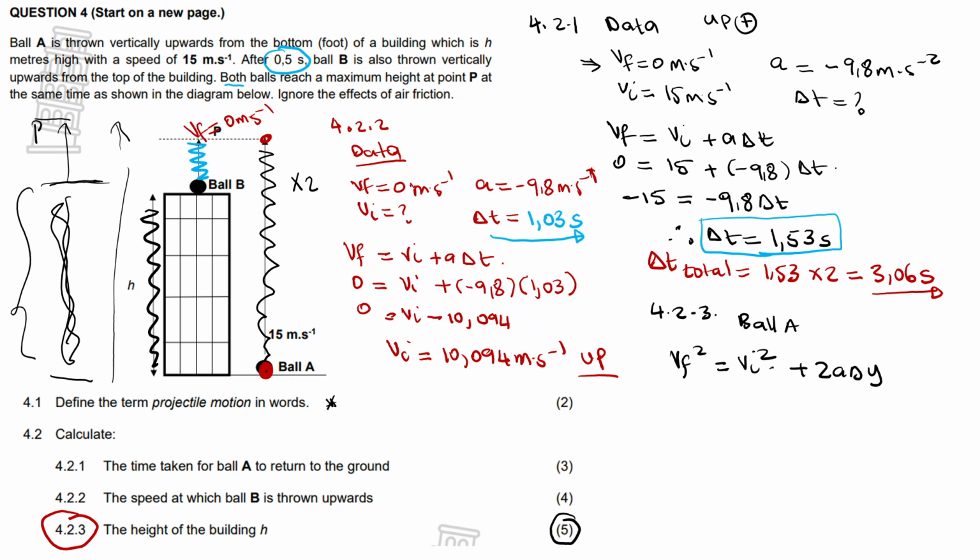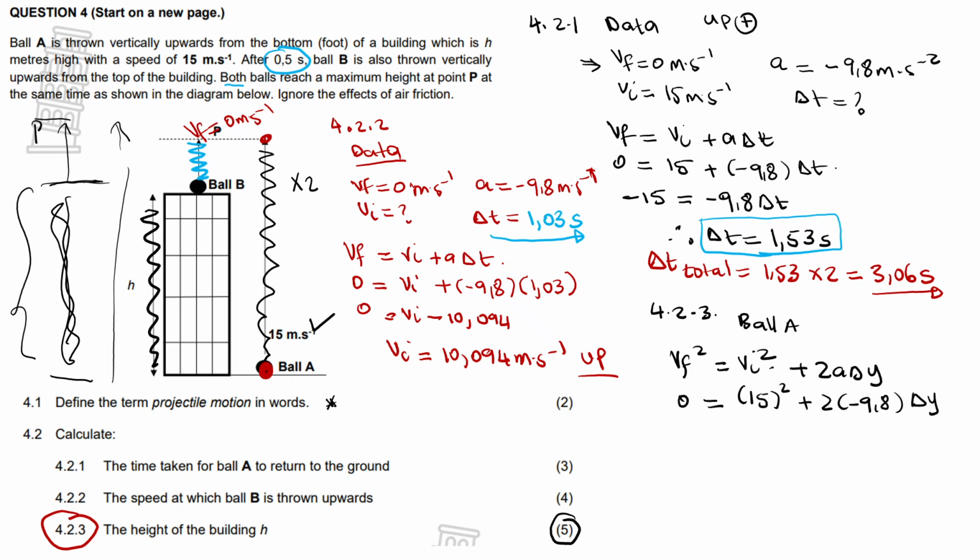Let's substitute. The final velocity at the maximum height is 0. So 0 equals the initial velocity, which is 15, so 15 squared, plus 2. Remember a is negative 9.8. We are looking for delta y.